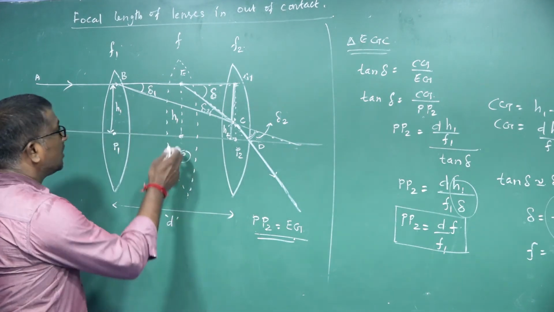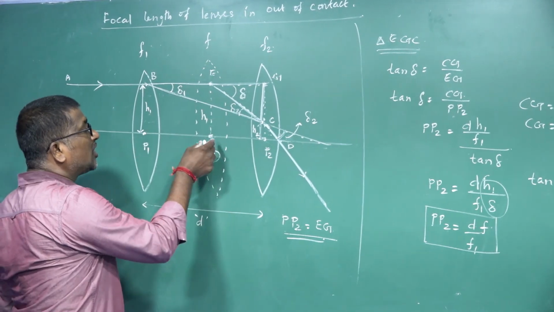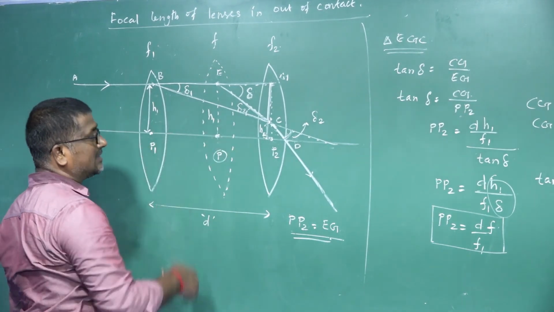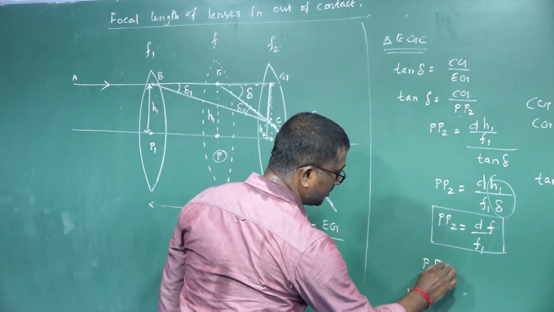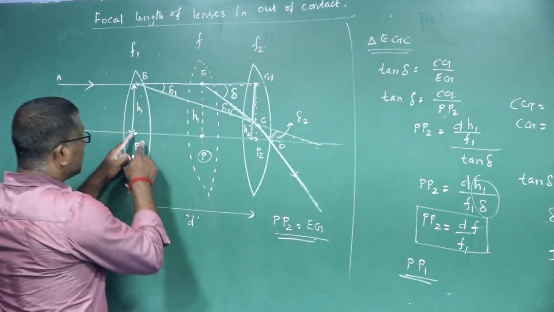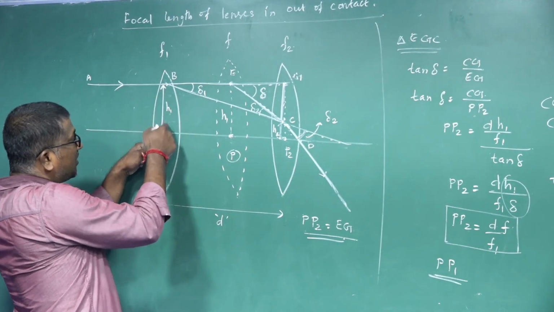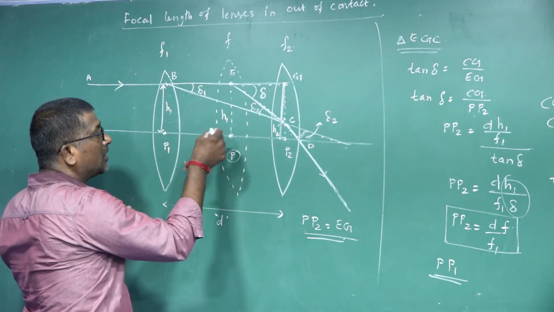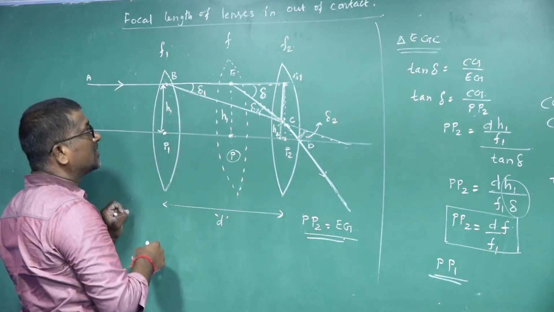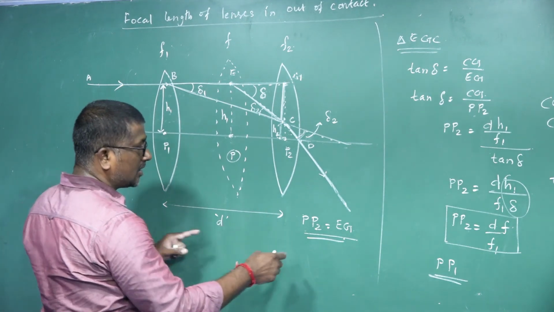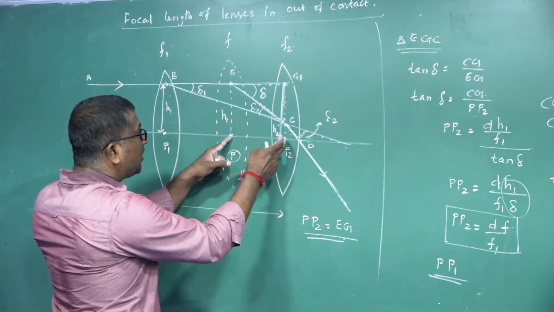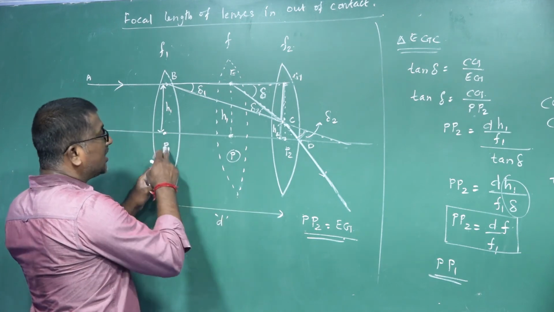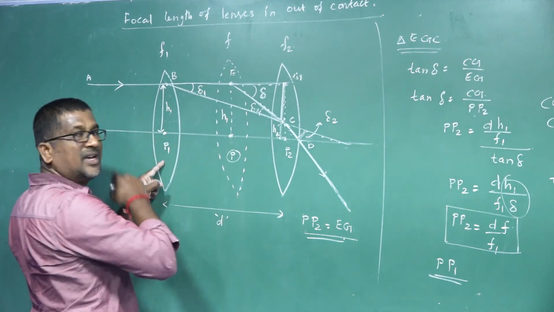Right. Similarly, the position of the new lens from the first lens is P1. How can you calculate the position of the new lens from the first lens? By subtracting the P2 value from D, we can get the position of the new lens from the first lens.